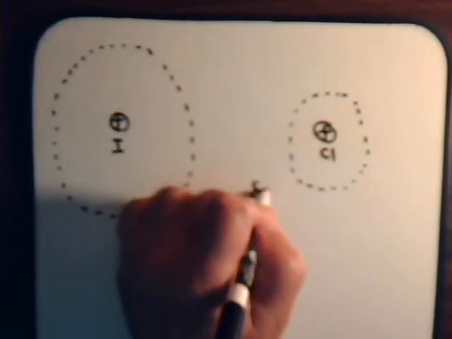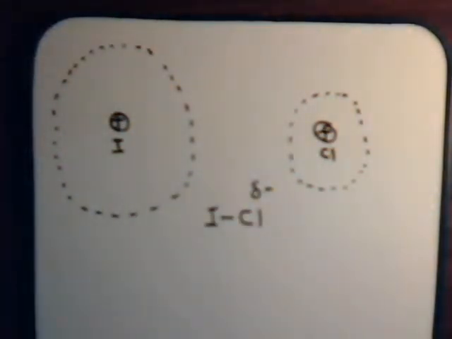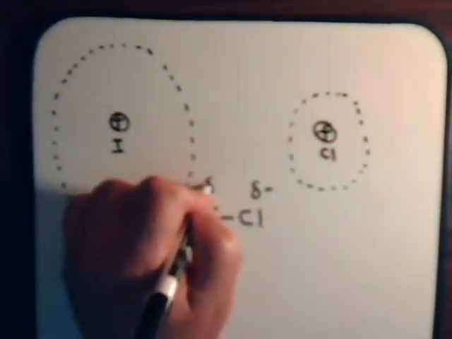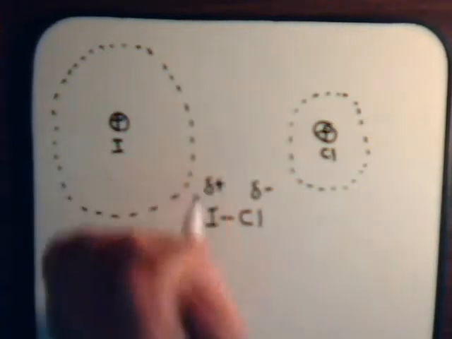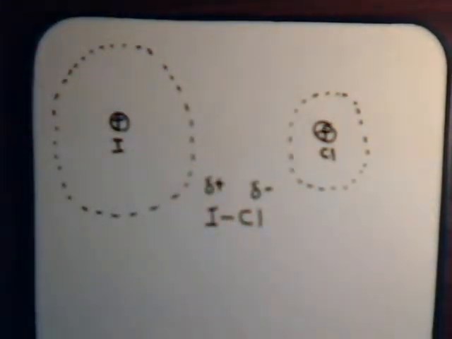So the chlorine has a partial negative charge, and the iodine part has a corresponding partial positive charge. In other words, we say that the bond is polarized, and the polarization can indeed increase the strength of the bond.